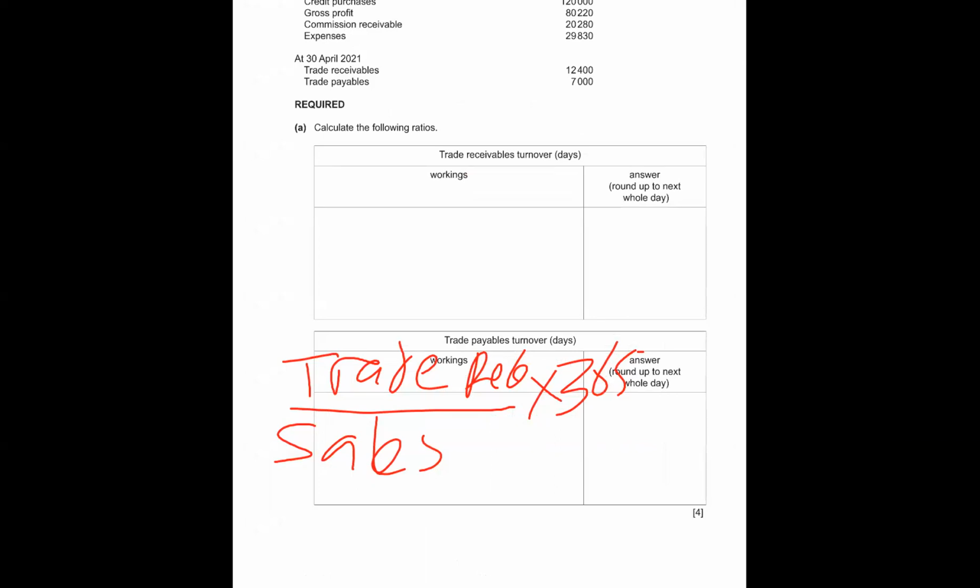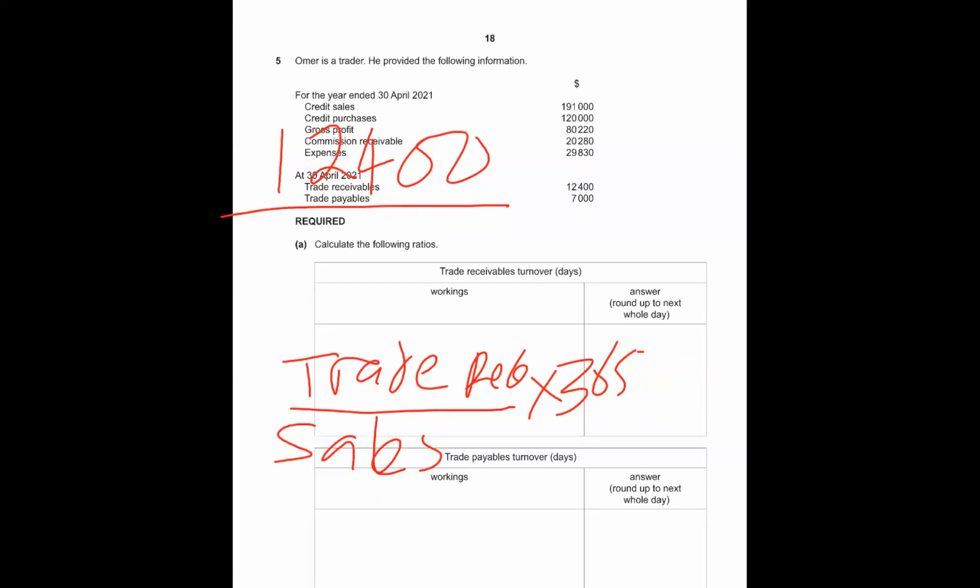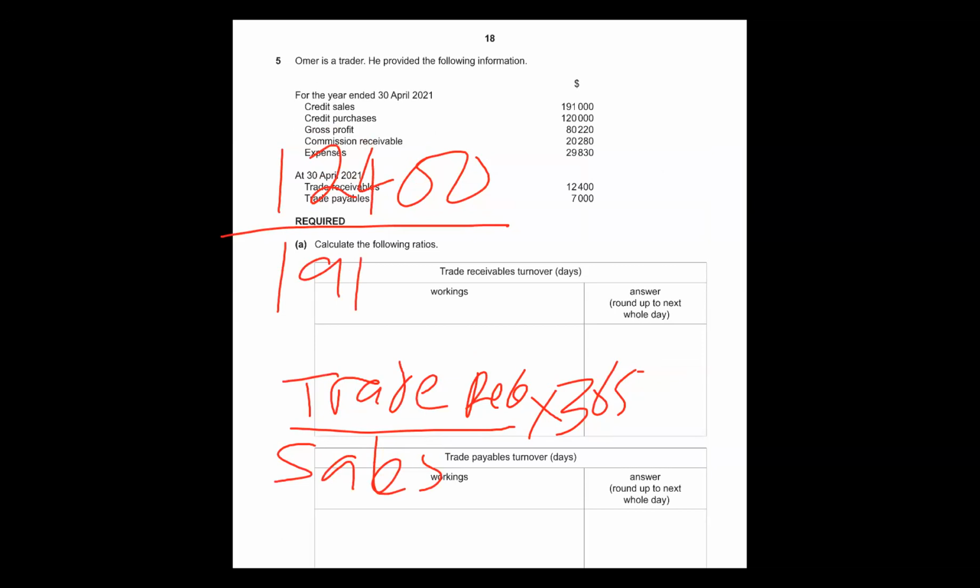124,000. So just get the value of the trade receivables, 124,000, divided by the credit sales, and the value of the credit sales is equal to 191,000, multiplied by 365.